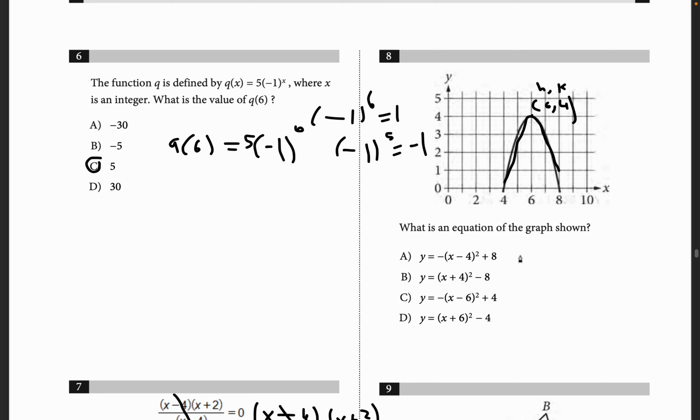So y equals negative x minus 6 squared plus 4, and it's following this equation. I think negative a, right? Sorry, x minus h.